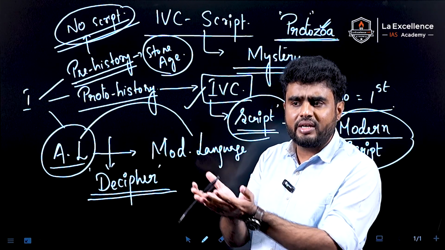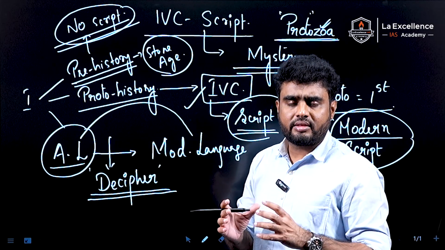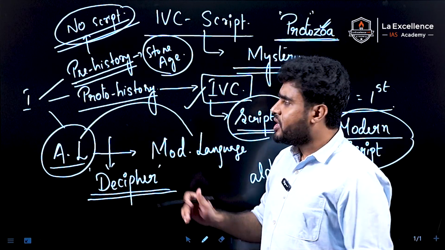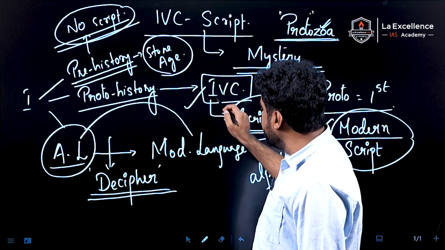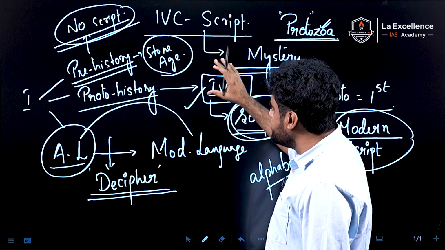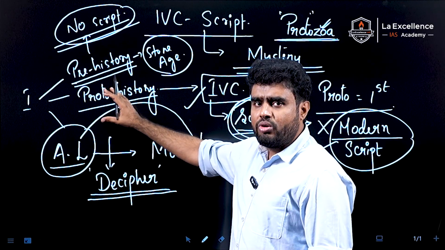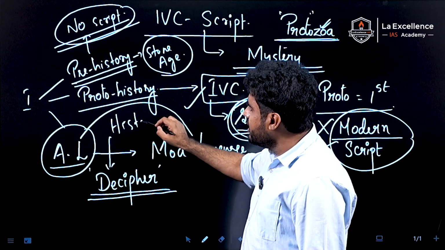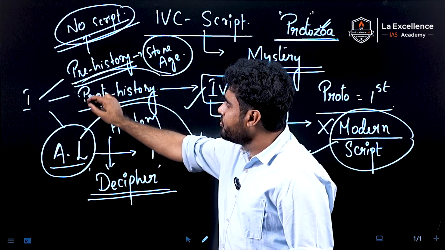The tools and equipments and other physical things related to IVC are still the basis to understand their life. We are not able to understand their life from the written records produced by them. So we classify IVC under a heading between prehistory and history. So in between, we keep it comfortably under proto-history.